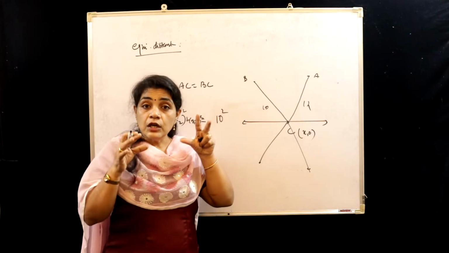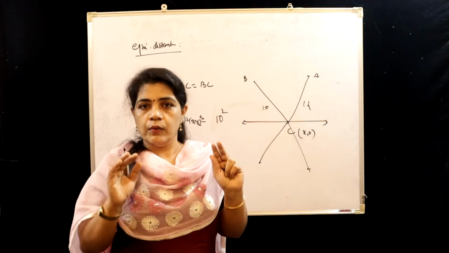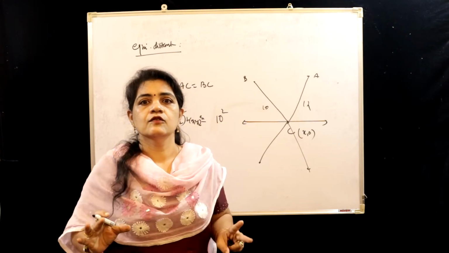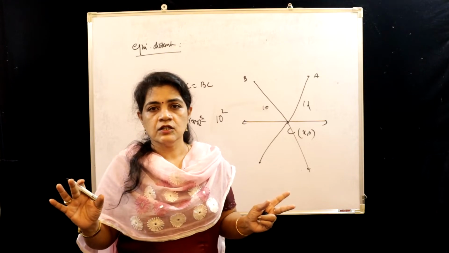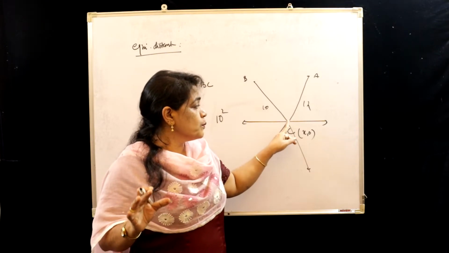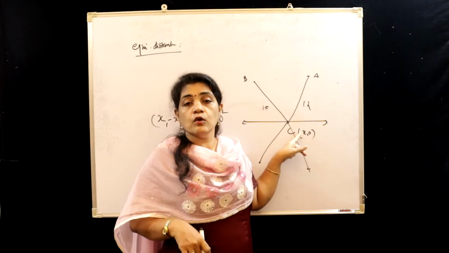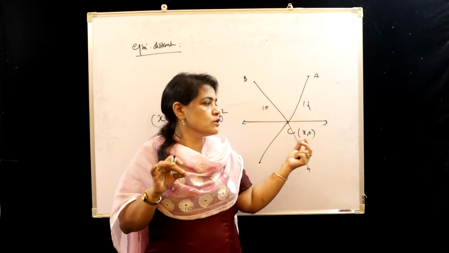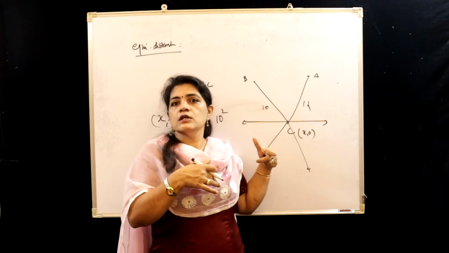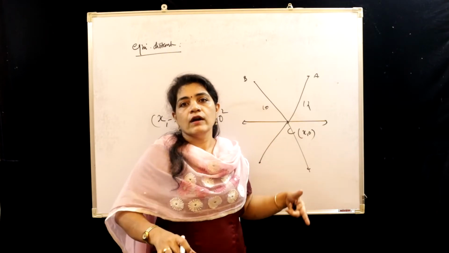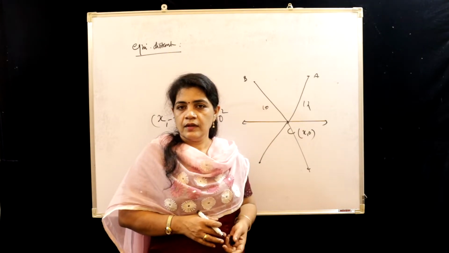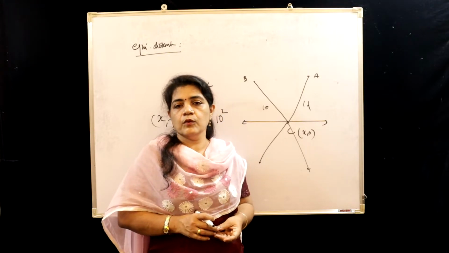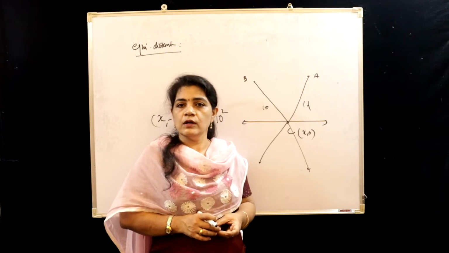So in the equidistant idea, we are applying the same distance formula. That point is clear, children? And if that point is on the x-axis, you can write the general form x, 0, or 0, y if the point is on the y-axis. From this point also you can expect one question.